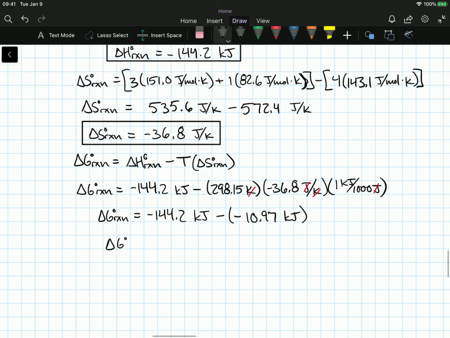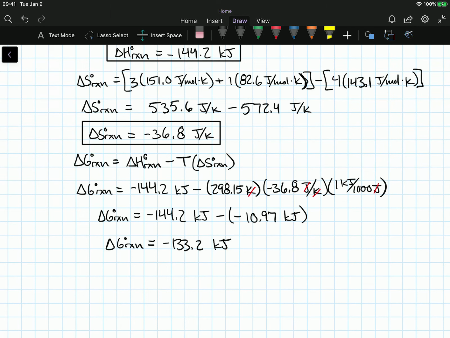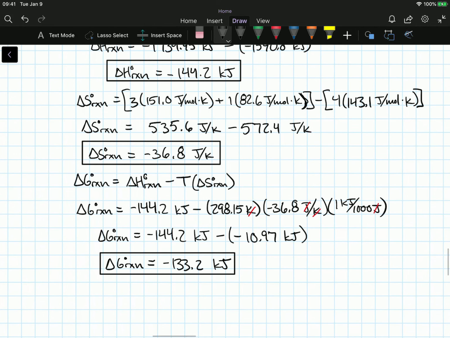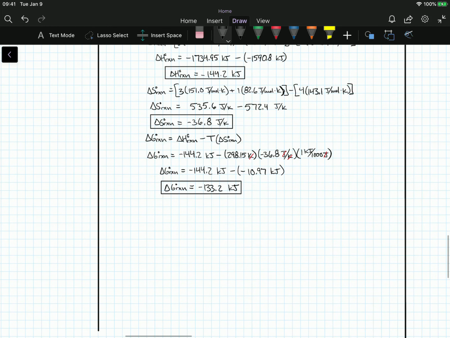And finally, we get delta G naught of reaction is equal to negative 133.2 kilojoules. So Gibbs energy values are typically listed in kilojoules, and as we can see, this is negative, so that means it's spontaneous, and it's a very negative number, so this reaction will really go towards the products. It has a lot of energy available for this reaction, so it likes to go forward.